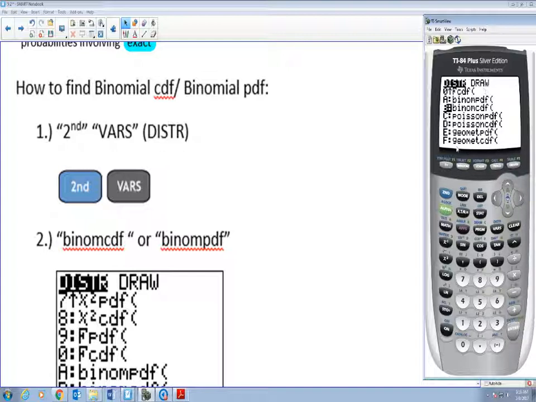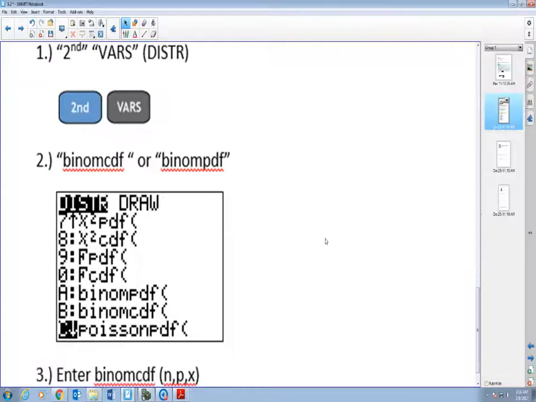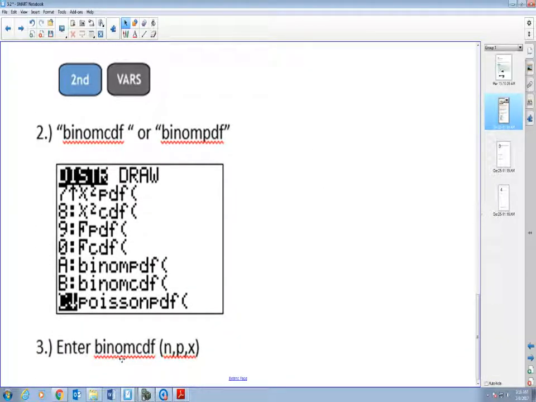I'm actually starting from the very bottom, so here is your CDF and the PDF. What we're going to enter is N, P, and X: number of independent trials, probability of success, and the number of successes. You need to memorize what to type in the parentheses.